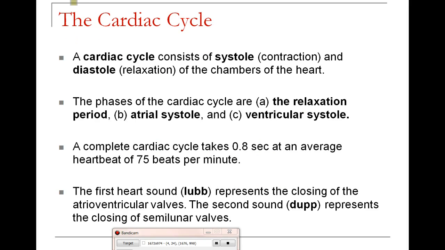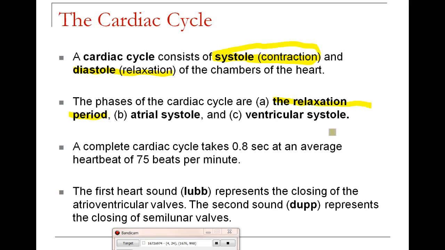Now, whenever the heart contracts, we call that systole. Systole is contraction. Diastole is when the heart chambers relax. There are 3 phases of the cardiac cycle, and your book kind of simplifies it, which is fine.